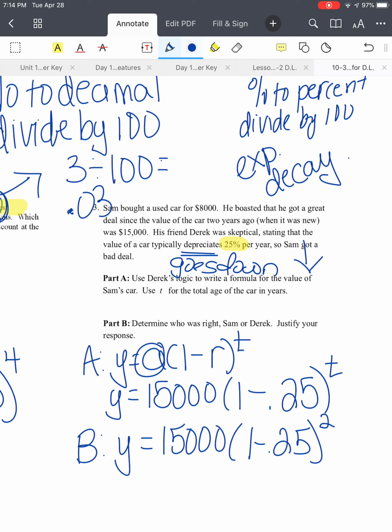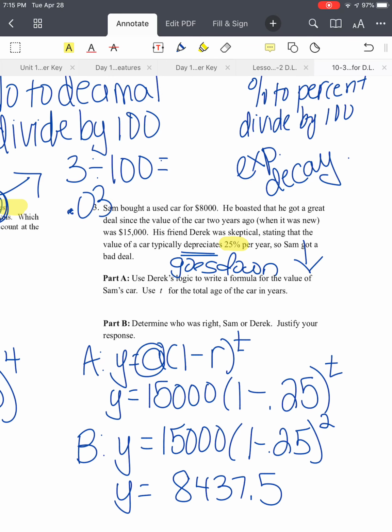Okay, what I want you to do is go to your calculator and type this in. So when I type it in, I get 8437.5. So let's just analyze this. Let's think about this for a second.